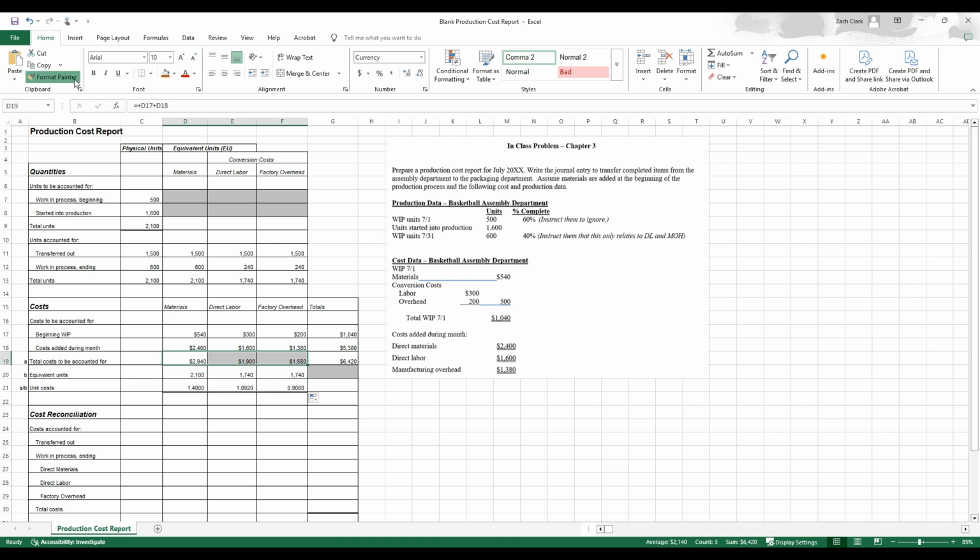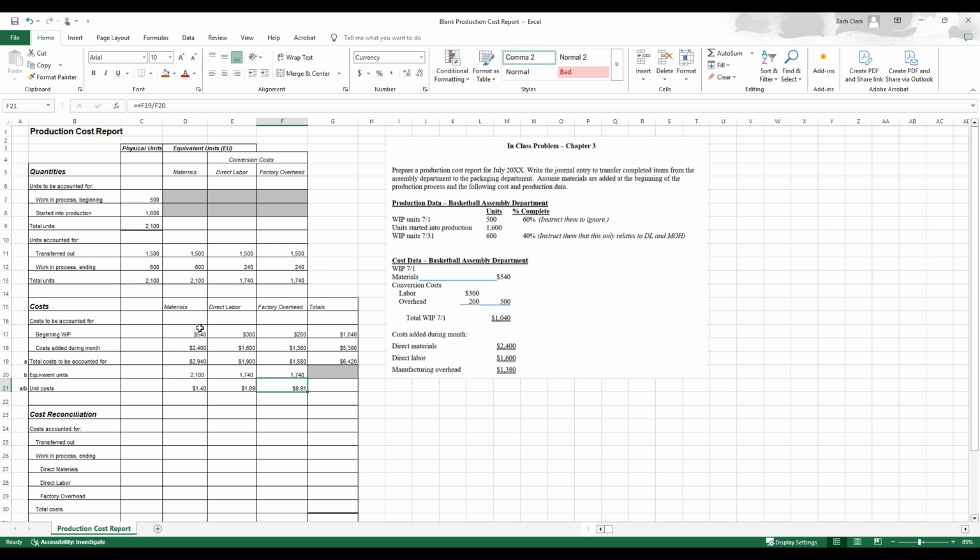And I'm going to copy the formatting here. So again, this is dollars. These are units. So just to differentiate between those two, we'll factor those out. And so what we're saying is essentially, based on all of the units that have been transferred out and are still in work in process, the cost of producing each one of those units thus far is this in total.